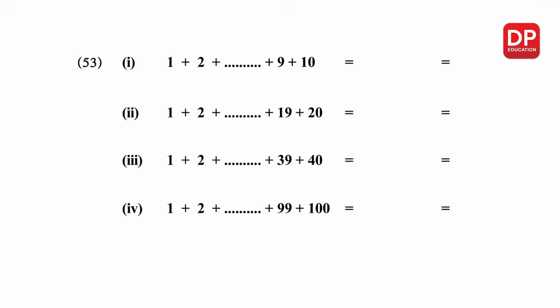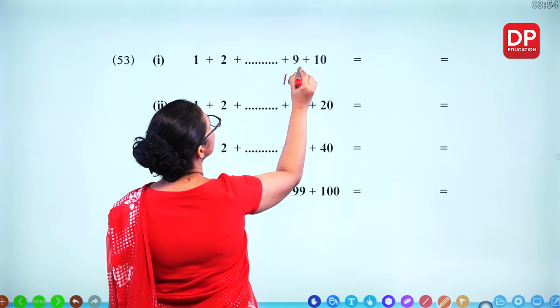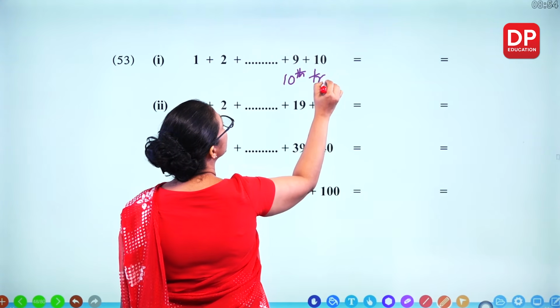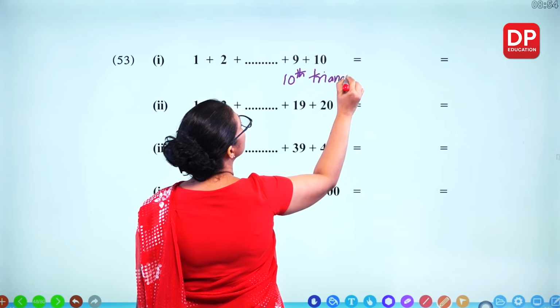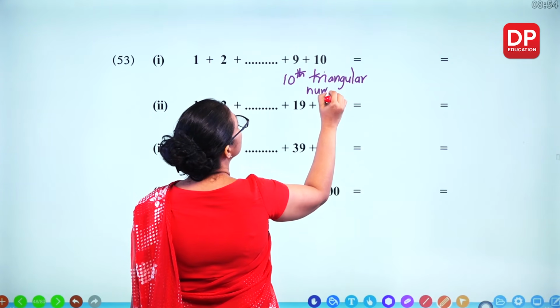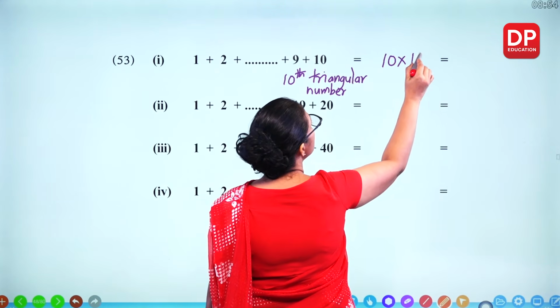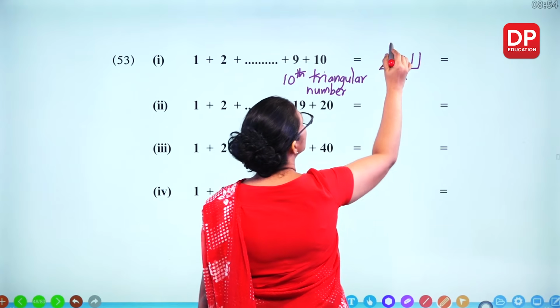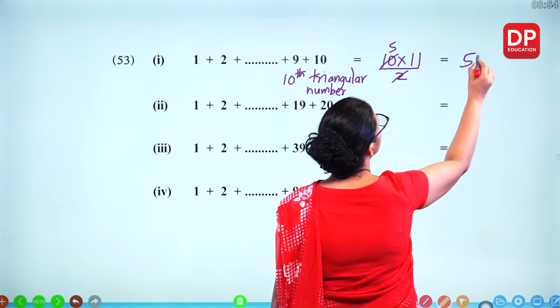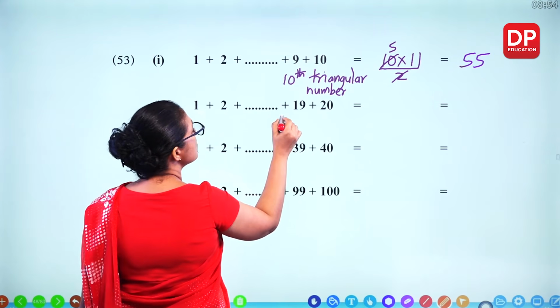1 to 10, the 10th triangular number. 10 into 11 divided by 2, 55. 1 to 20, the 20th triangular number.